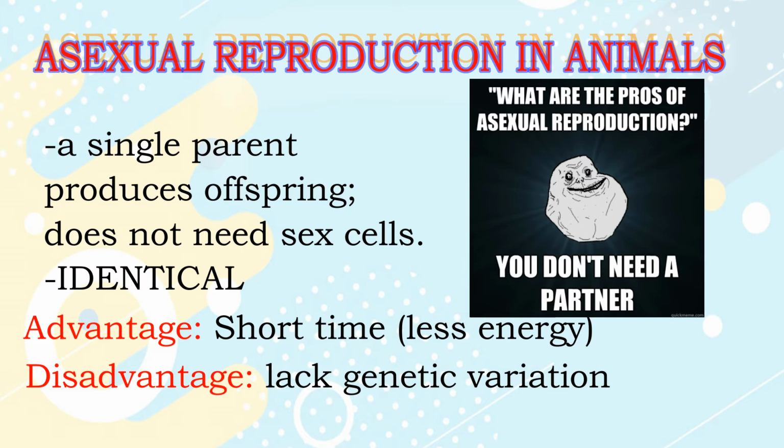On the other hand, one of the disadvantages of asexual reproduction is that it lacks genetic variation. It is because it only comes from a single parent. And this means if there is a specific phenomenon that could wipe them out, they could actually be wiped out because they do not vary with each other.